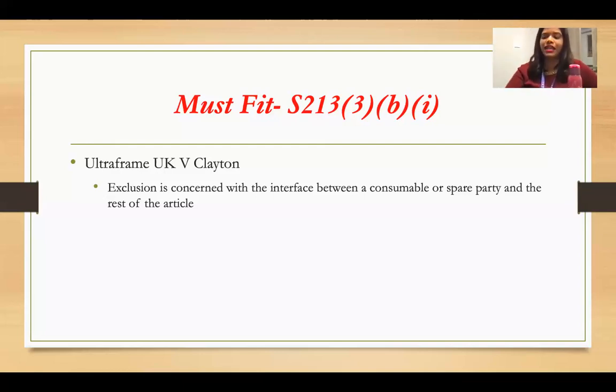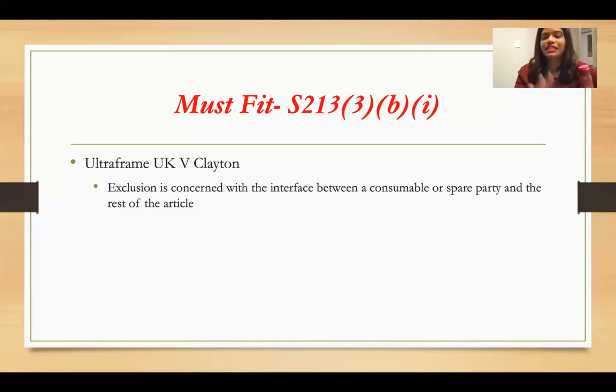so you avoid the monopolizing of the whole IP rights. Okay, one thing that I want you to remember is that in Must-Fit, we have two important cases. You have the case of Ultraframe, and you also have the case of Dyson and Quartex. You can go and read if you have time. If you want to do extra work, you can read the decision of Dyson and Quartex, where you can see Man J came up with certain judgment on why or how interference is very important.